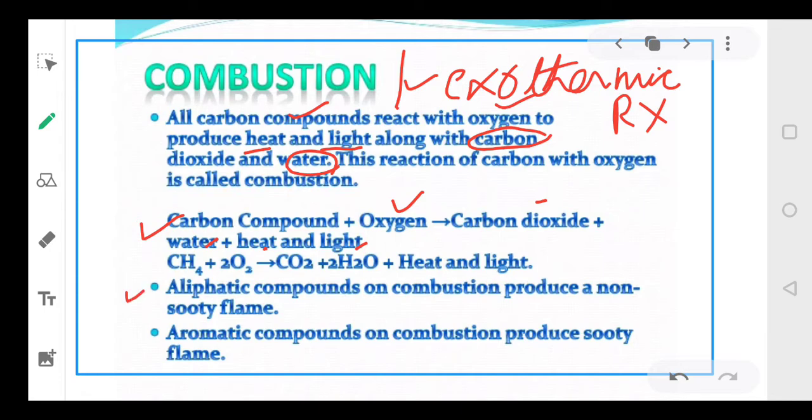Now aliphatic compounds, in simple terms saturated compounds, on combustion produce a non-sooty flame, and when we burn unsaturated compounds they produce a sooty flame.